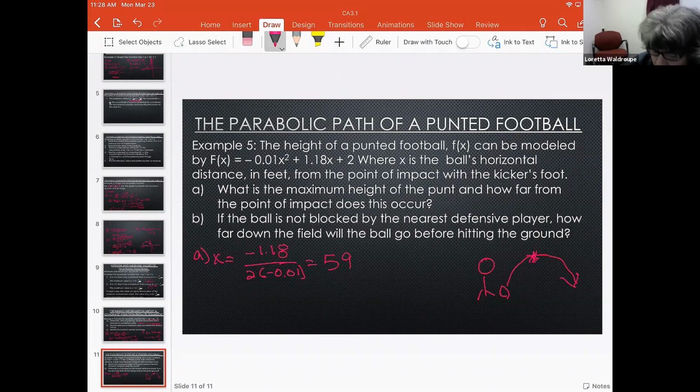Given the x, how do you find y? You plug it back in.